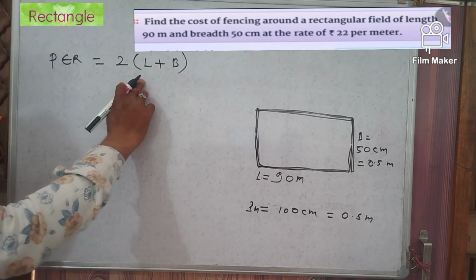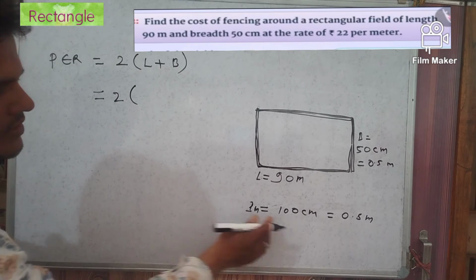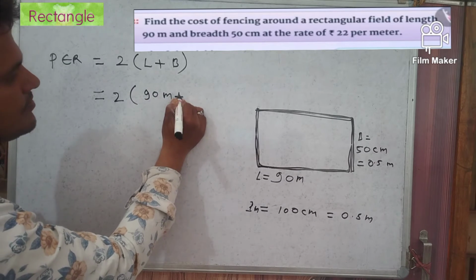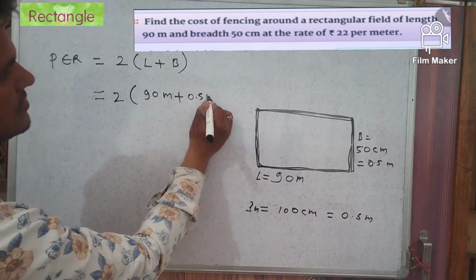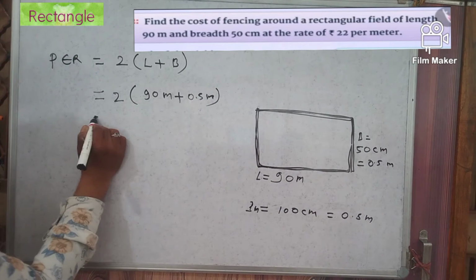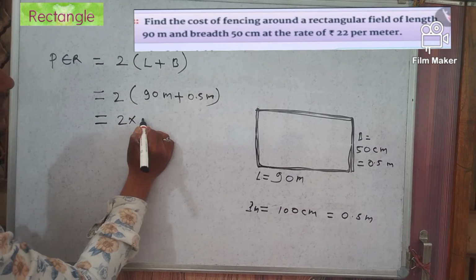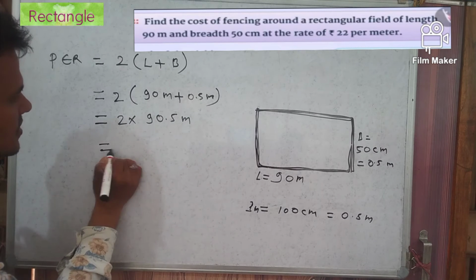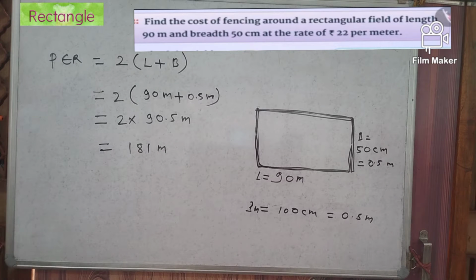Perimeter is equal to 2 into (L plus B). 2 into (90 meter length plus breadth 0.5 meter). So perimeter will be 2 into 90.5 meter. So this is 181 meter. Our target is to find the cost of fence.